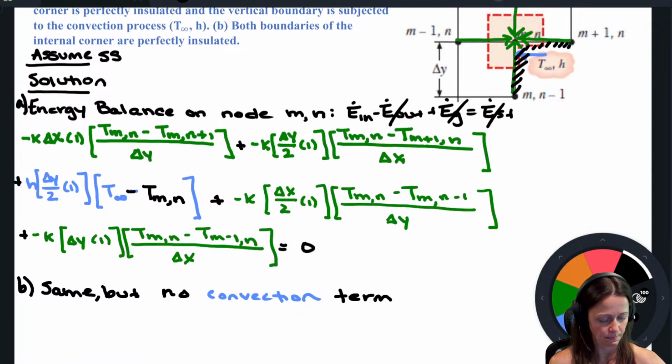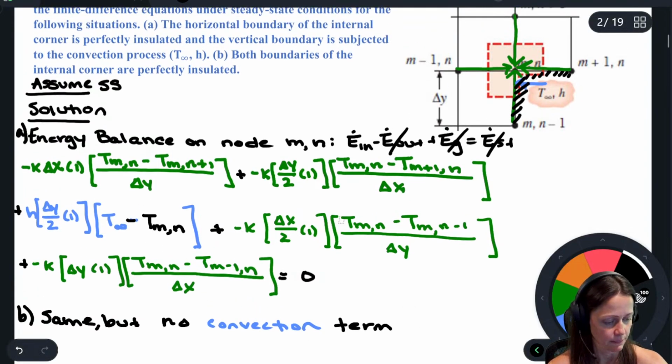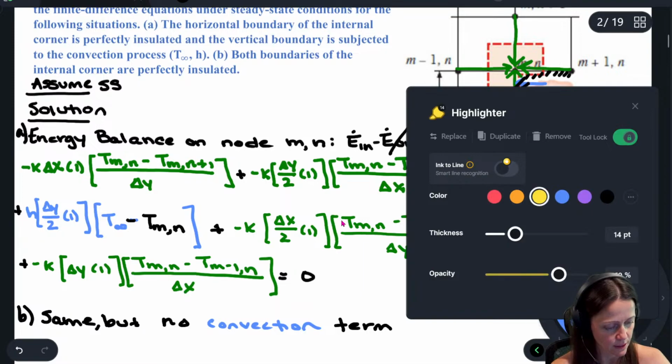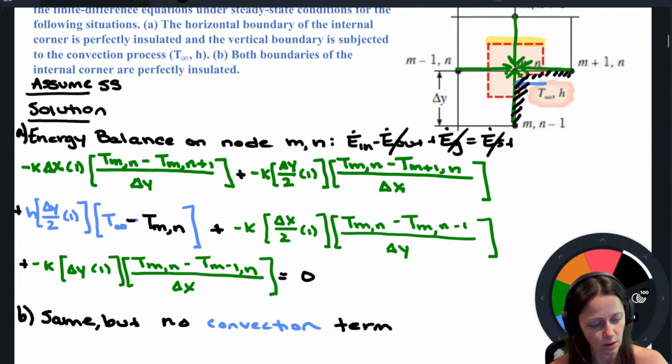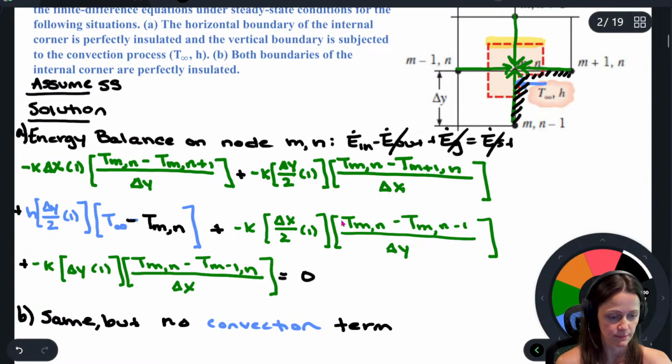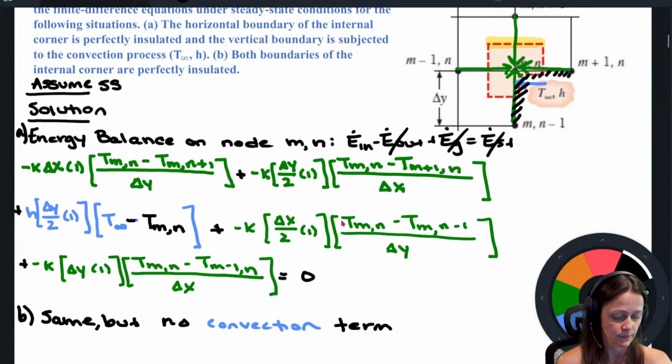Can you explain why, for the first term, it's not over 2? So it's negative k delta x. It's because it's going through this whole area right there. Okay, so you just took the difference between the two.